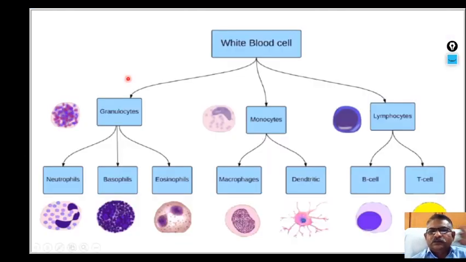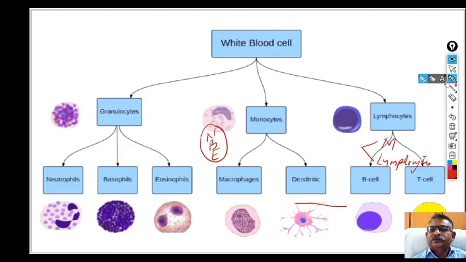These white blood cells, or leukocytes, are categorized, as I stated, as granulocytes and agranulocytes. Granulocytes are of three types: neutrophils, basophils, eosinophils, whereas agranulocytes are of two types: monocytes and lymphocytes.